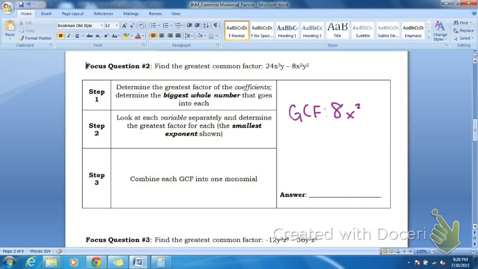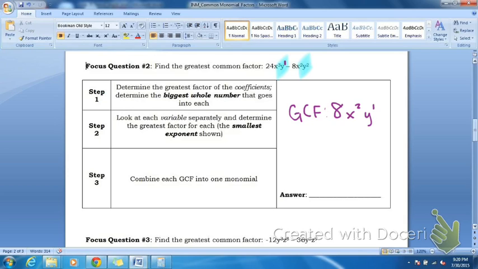Now let's take a look and see, what about y? Well, we have this y. Remember, that's y to the first, and this is y squared. Again, as often as you need to, put the 1 in so you know exactly what's correct. Because we have y to the first versus y squared, we can also include y to the first in our GCF.